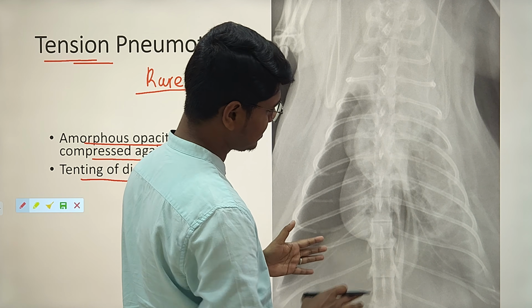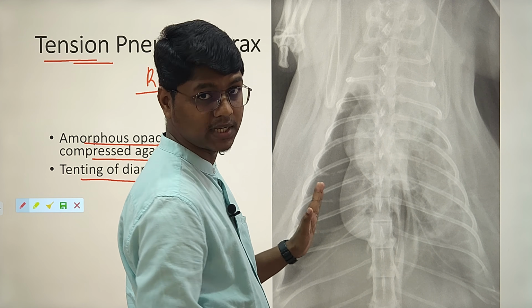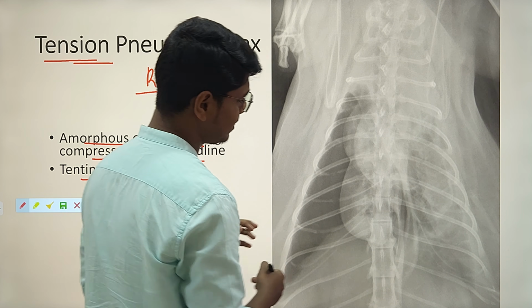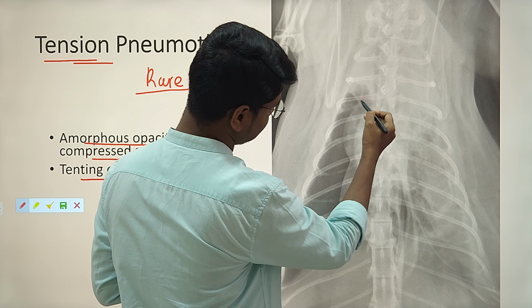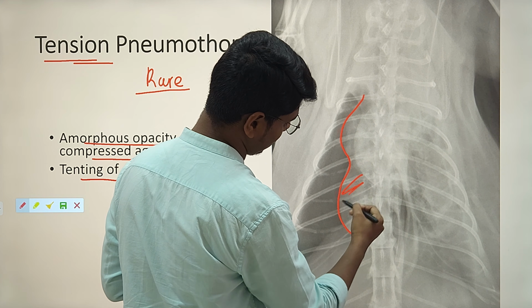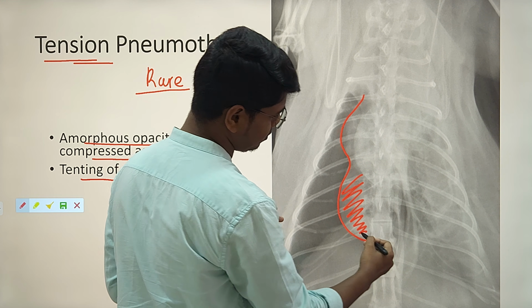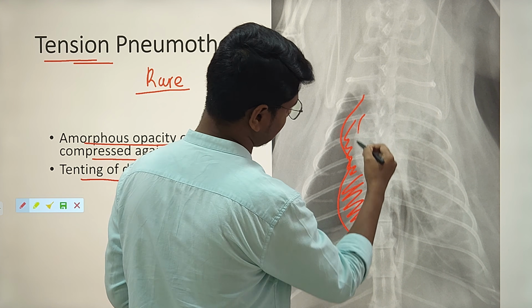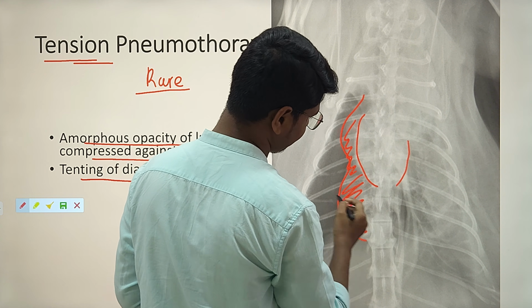In this particular case, there is one-sided tension pneumothorax, while the other side is completely fine, or slightly fine. See these lungs. The lung has a soft tissue, or you can say near fat, opacity. Here are the lungs. This is the heart.